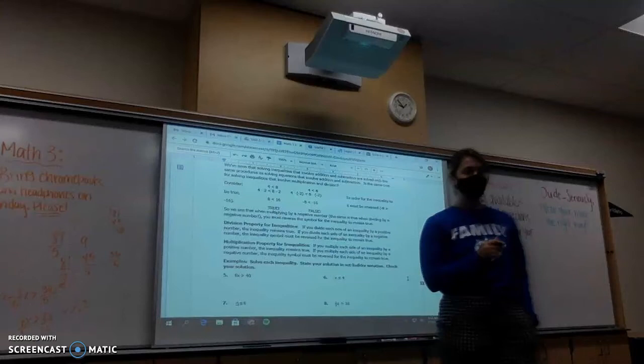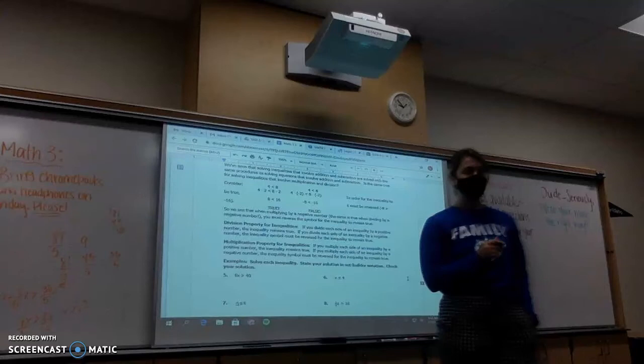The division property of an inequality states that if you divide by a negative number, only if it's negative, you have to flip your sign. Meaning that if your sign was this, and you divide by a negative, you flip it to that. You just flip it over. Same thing with multiplication. If you multiply by a negative, only when it's a negative number, not if it's positive, you have to flip your sign.